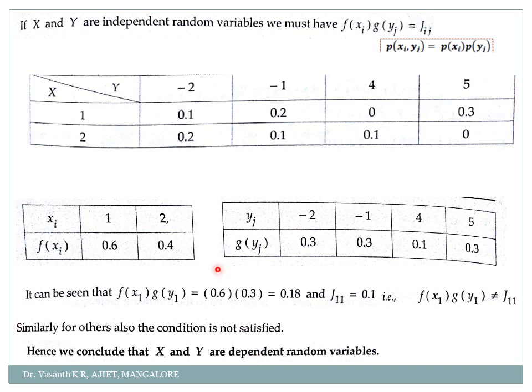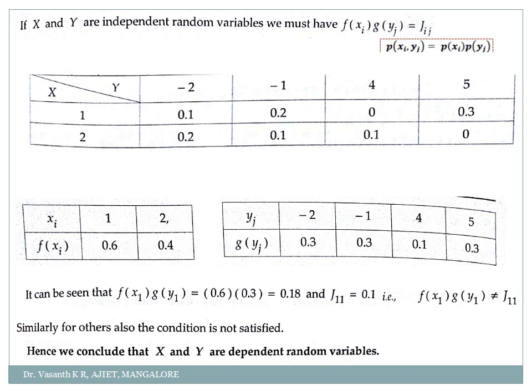So what you have to do is just multiply the probabilities. Probability of x1 is 0.6, probability of minus 2 is 0.3. So 0.6 into 0.3 is 0.18. Is it same as 0.1 here? No. Therefore we can tell that x and y are dependent variables, or they are not independent. You got an idea how to check whether it's dependent or independent random variables?